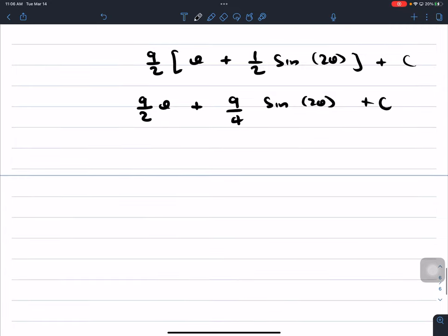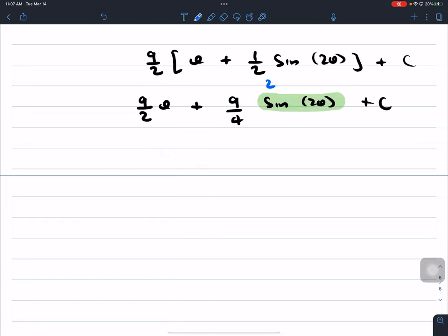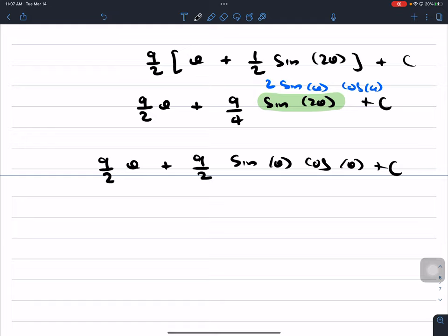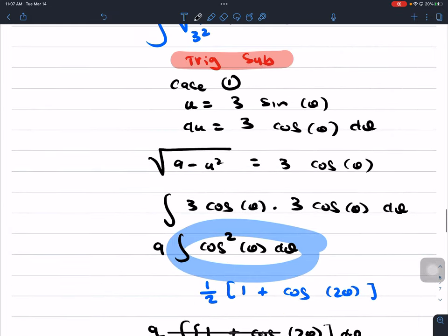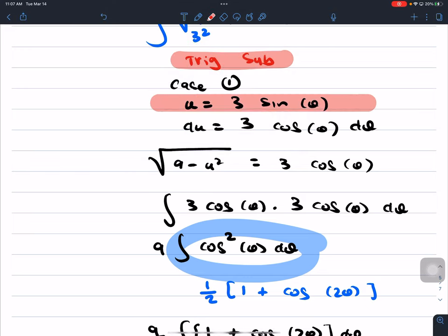At this point, you have to replace that with 2 sine theta cosine theta again. So altogether, you get 9/2 theta plus 9/2 sine theta cosine theta plus c, because this was a trig sub question where u is 3 sine theta.